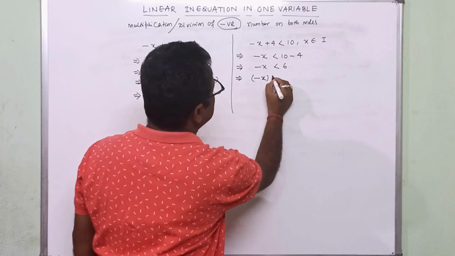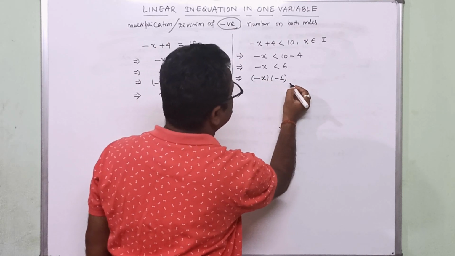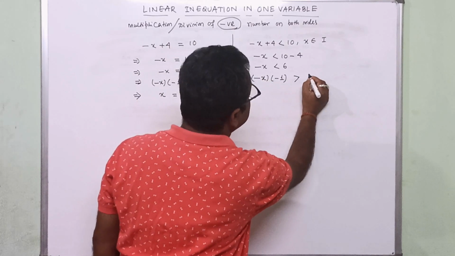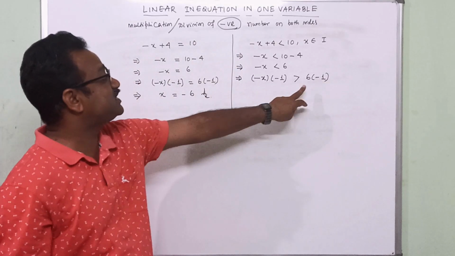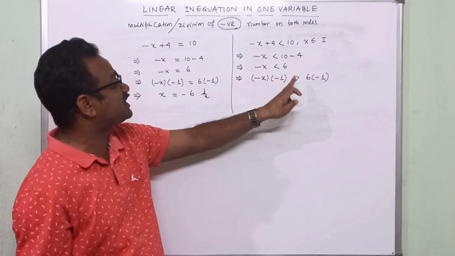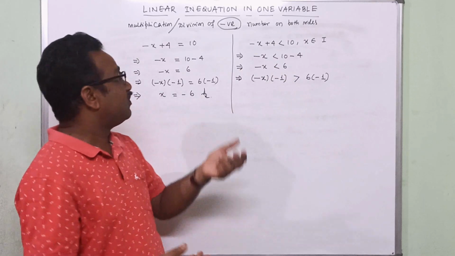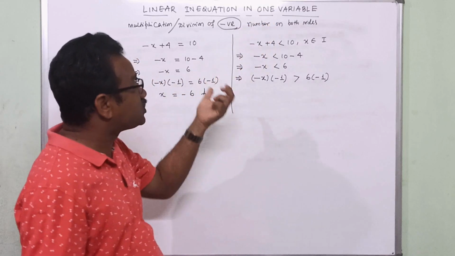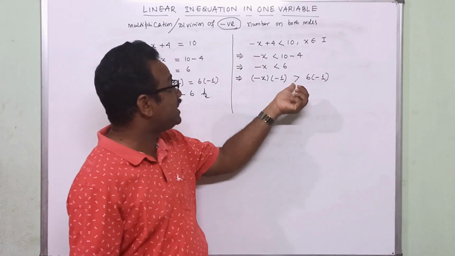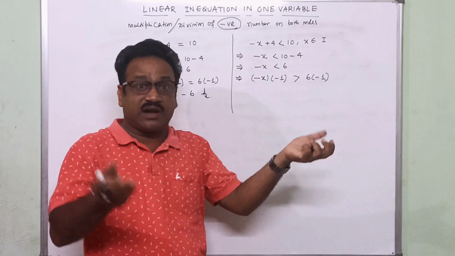Minus x into minus 1 greater than 6 into minus 1, the sign in between reverses. Whenever we are multiplying a negative number on both sides of the equation, the sign in between reverses.